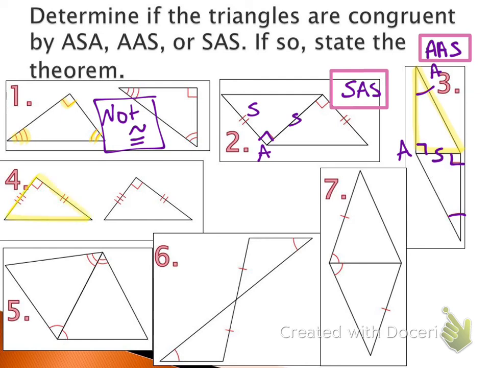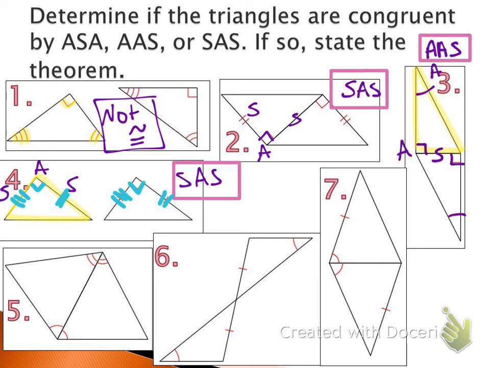Most of you have already moved on. It is side, angle, side, because you got a side congruent to a side, an angle congruent to an angle, and a side to a side. So side, angle, side. Go ahead and move on to number 5.